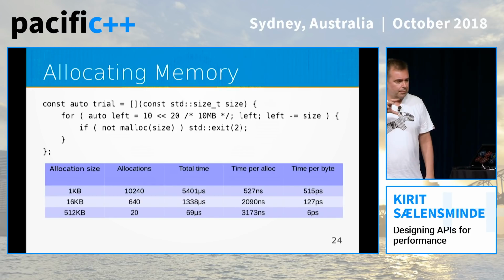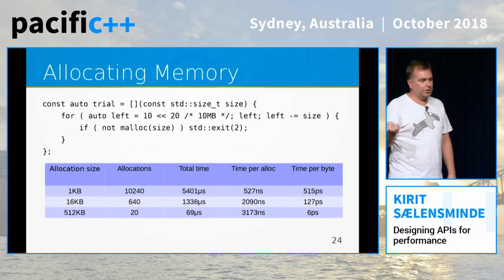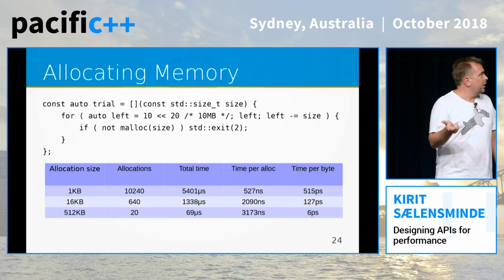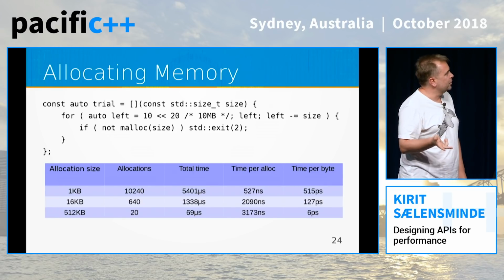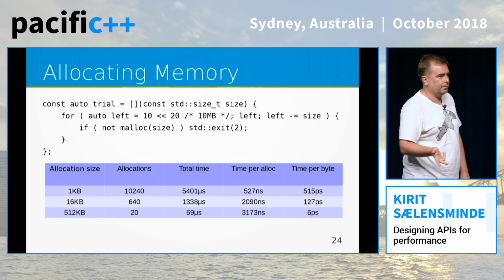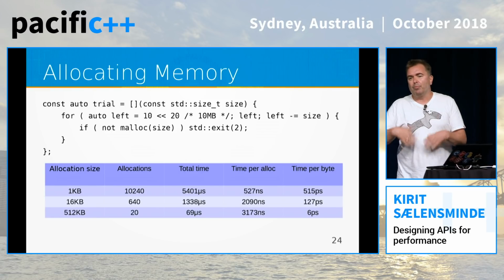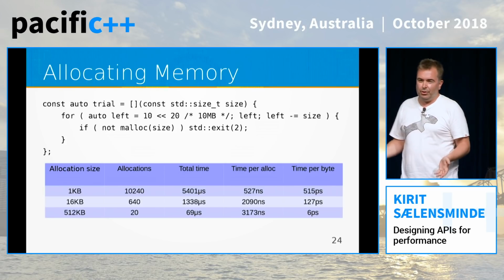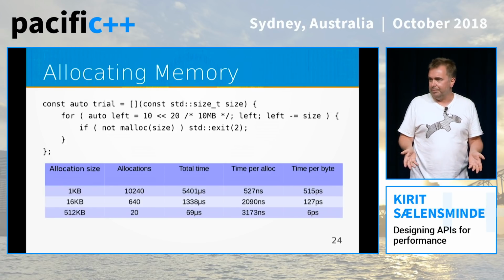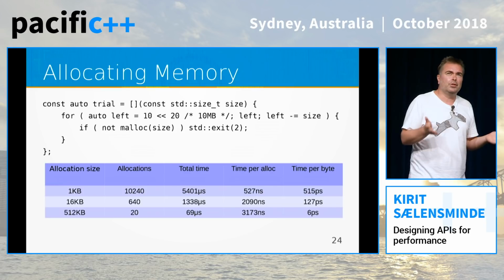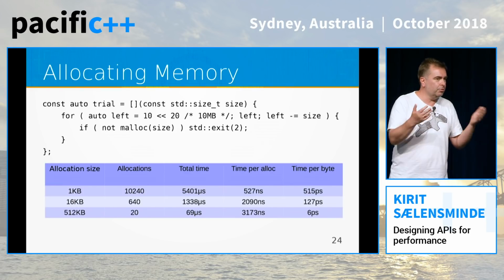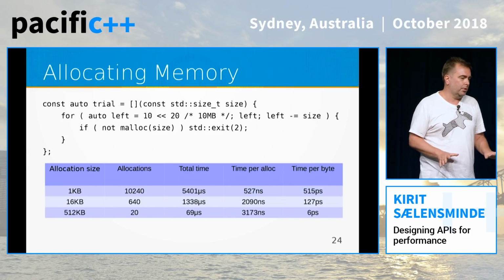So, what are the two things that we want to actually deal with? Here is a very simple benchmark that is just allocating some memory. Our processing is going to make use of about 10 megabytes of memory. And we can do lots of small allocations, or we can do a few large allocations.